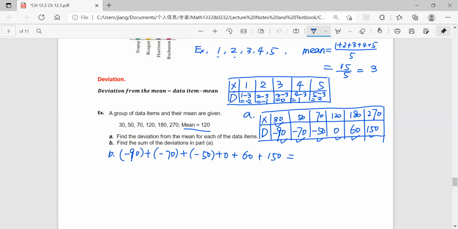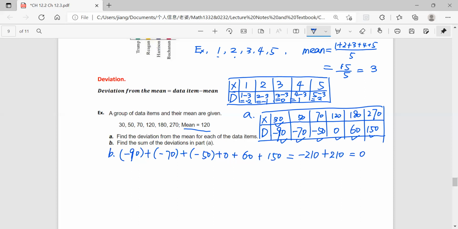Negative 90 plus negative 70 is negative 160. And then minus 50 is negative 210. And then plus 0 and plus 60 plus 150, that's plus 210. So this is 0. That means the sum of the deviations is 0.